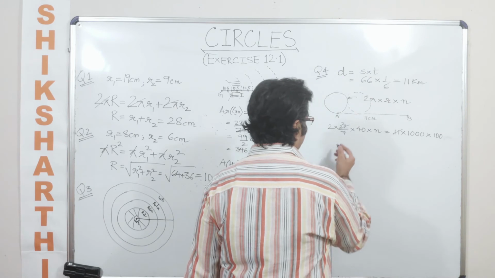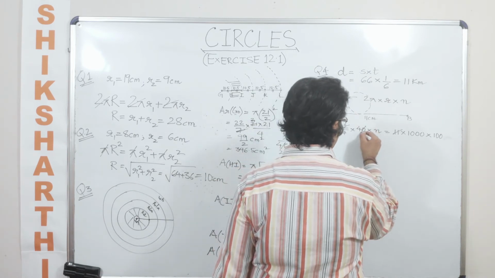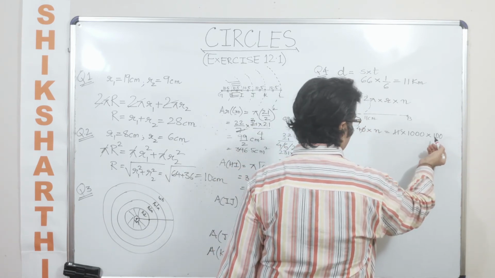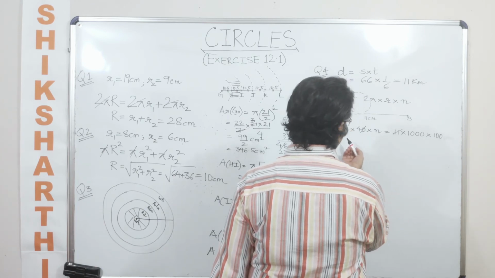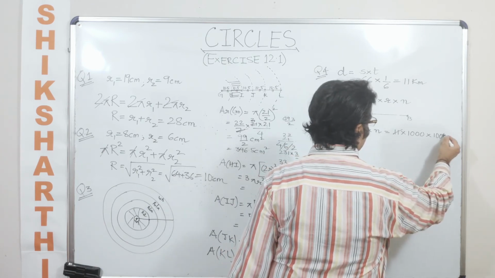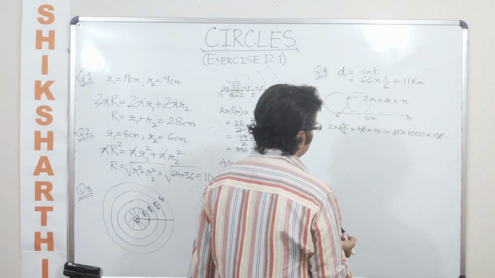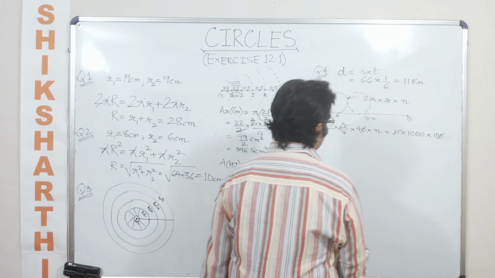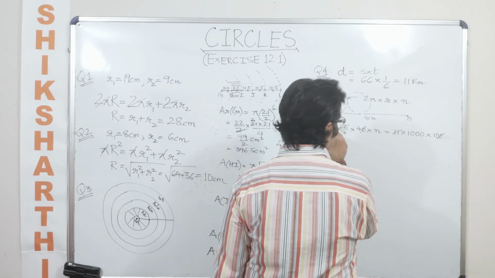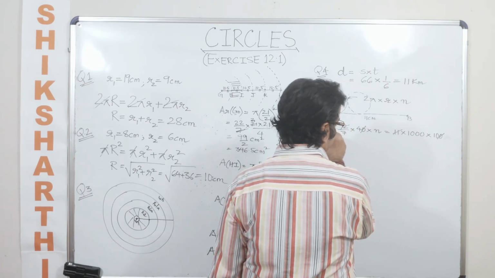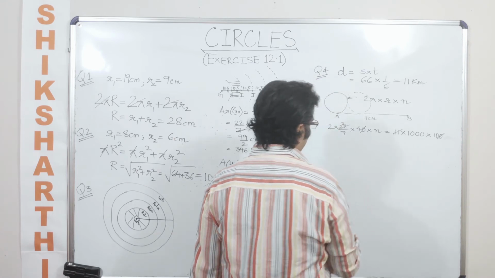Okay, now we have to find out the value of n. So for that also we can calculate it now. So what do we do? Okay, 0 gets cancelled out. Now 4 into 2 is 8 and 8 into 2 is 16. Okay, so what do we do?